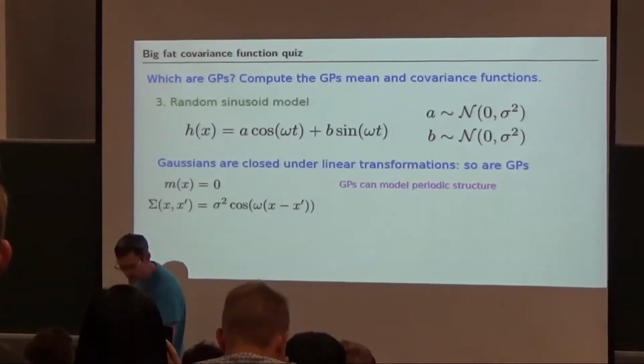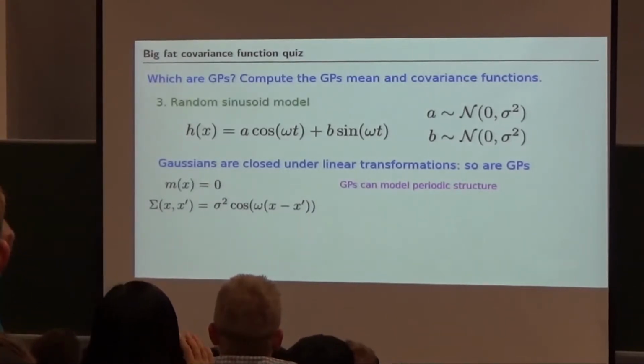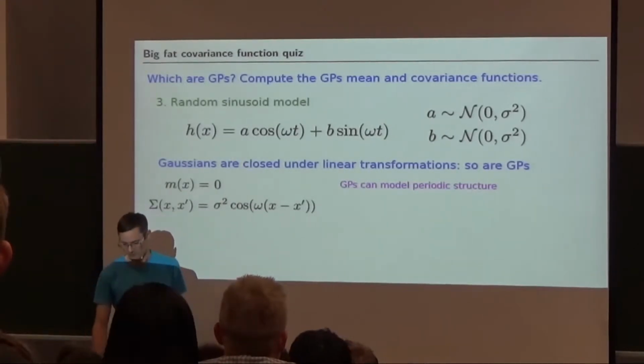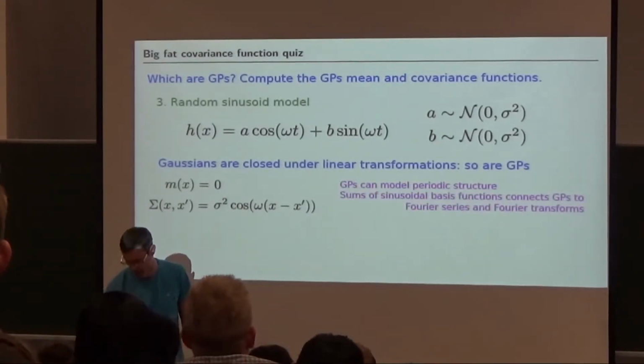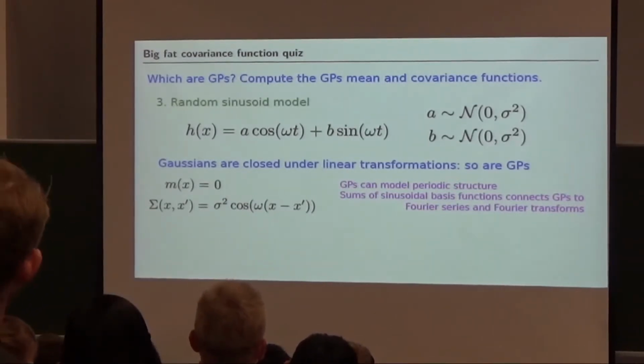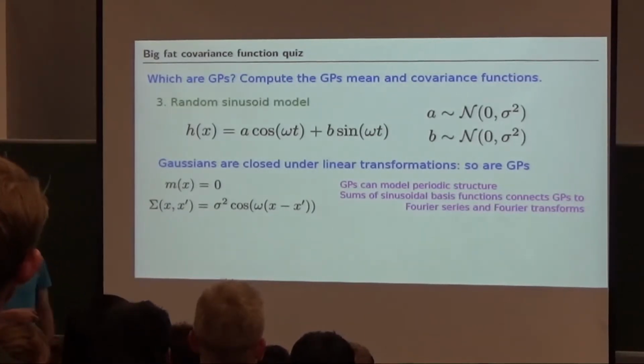So this is another way of getting periodic structure. It's a slightly different thing from the periodic kernel before, but there are multiple ways to get periodic structure from GPs, and one wants to use this cosine covariance function. One of the reasons why I wanted to flag this example up, why I think it's important, is I could have changed this so I've got a sum of sinusoids here, right?